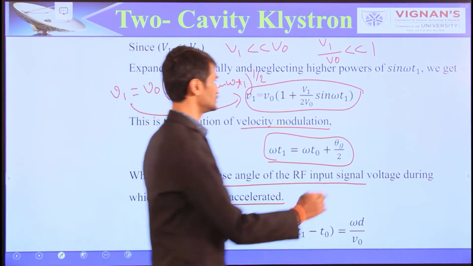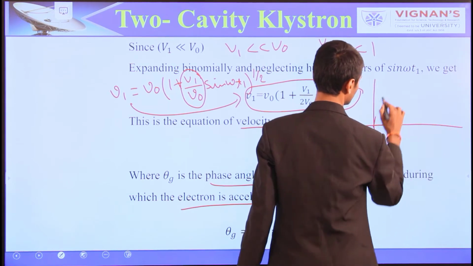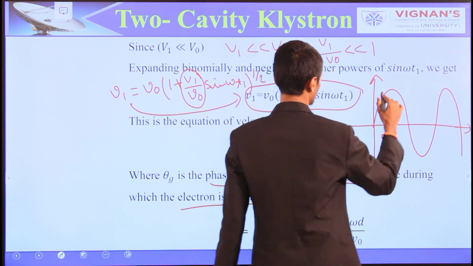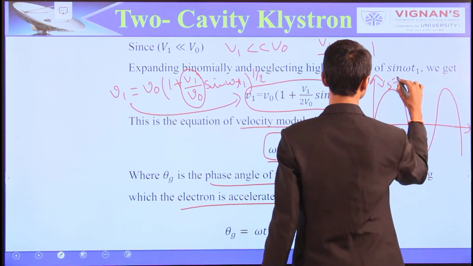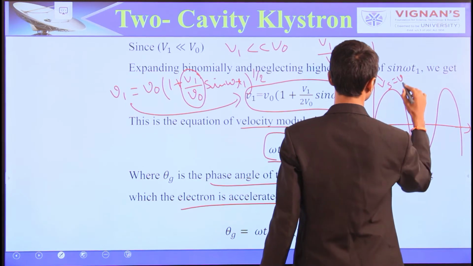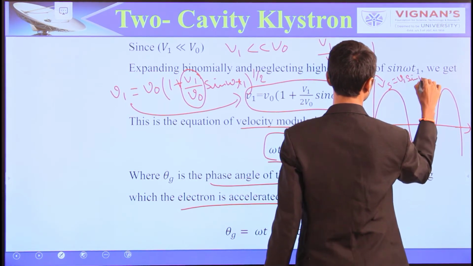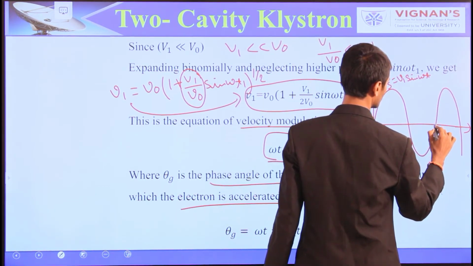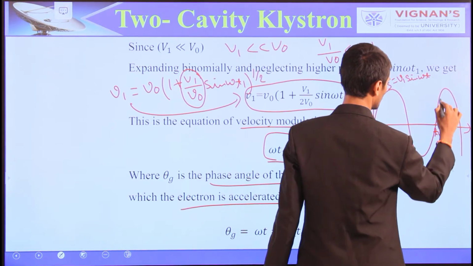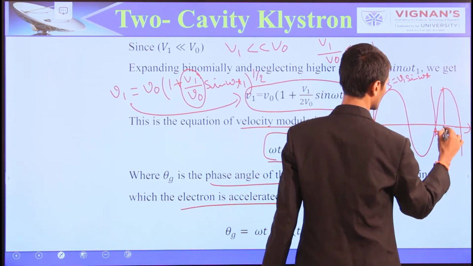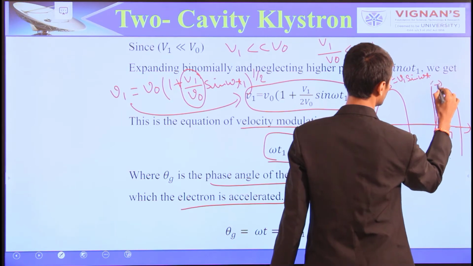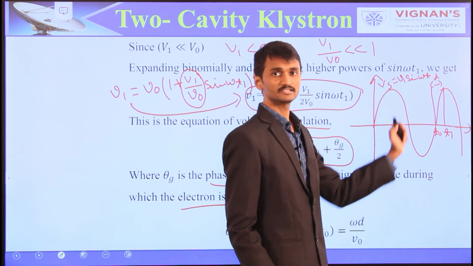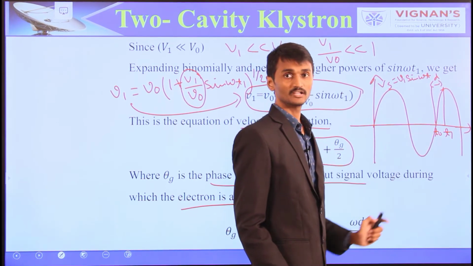Here I am just assuming the RF input signal Vs is equal to sin omega t. Here it is t0, and after some time I am considering it as t1. So this is the distance which the electron travels. Here d is the distance traveled by the electron from time t0 to t1.